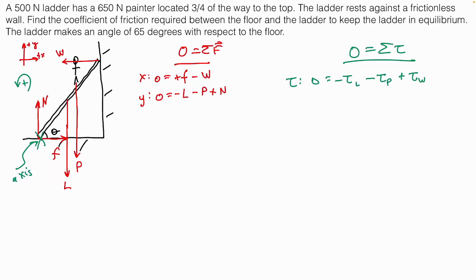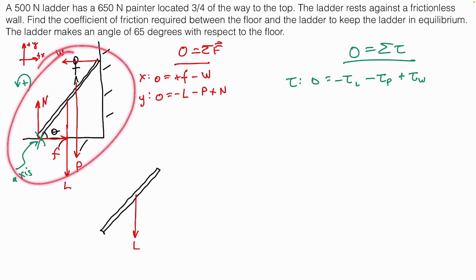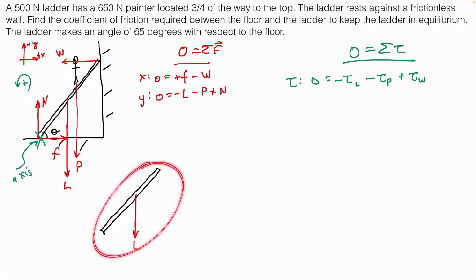Let me pull the ladder out all by itself, and I'm going to draw my L force right here. This diagram is getting confusing enough already. We just want to concentrate on what's going on right here. So my axis is down here.